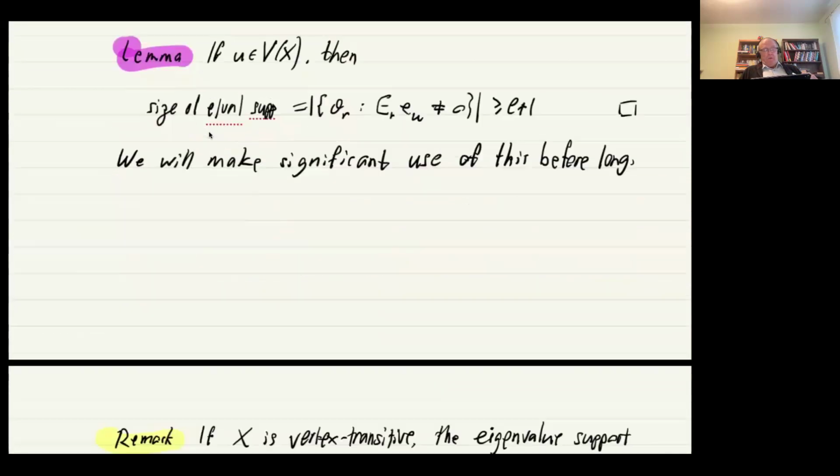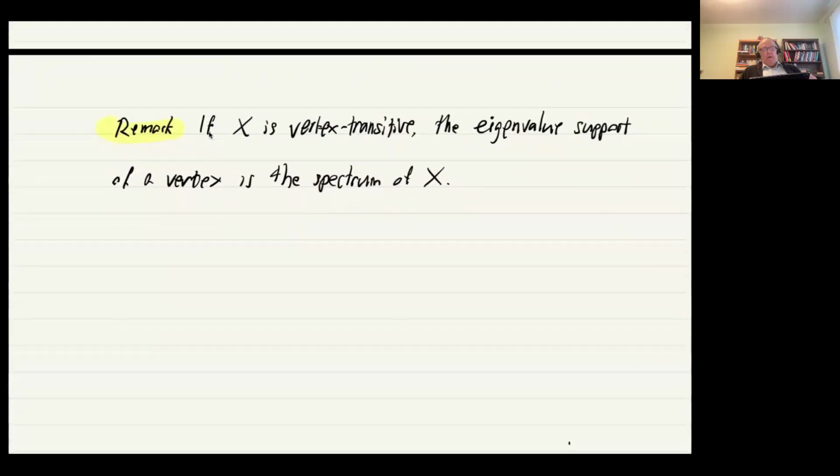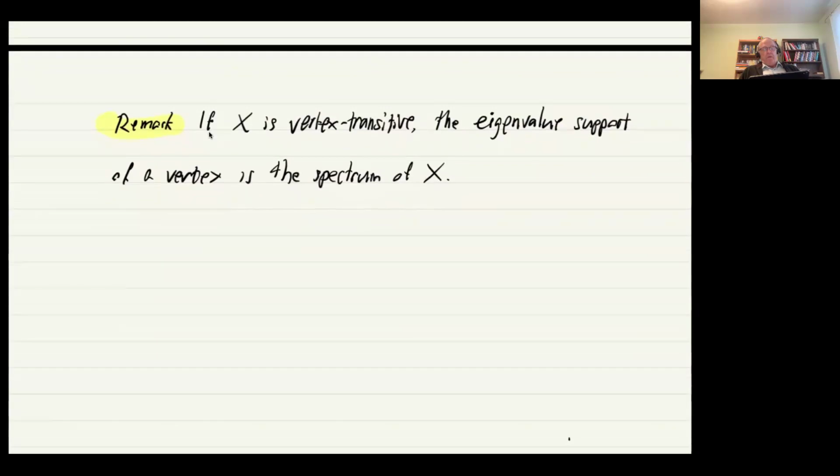Okay, so as a side remark, if the graph is vertex transitive, then the eigenvalue support of the vertex is the spectrum of X. I don't know whether to explain this or dump it on you as an exercise. It's a good exercise. Let me think about this for a second.